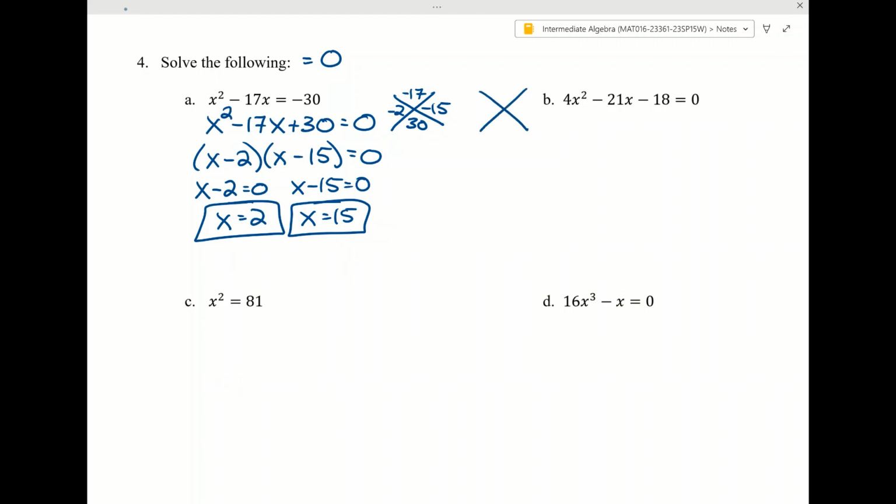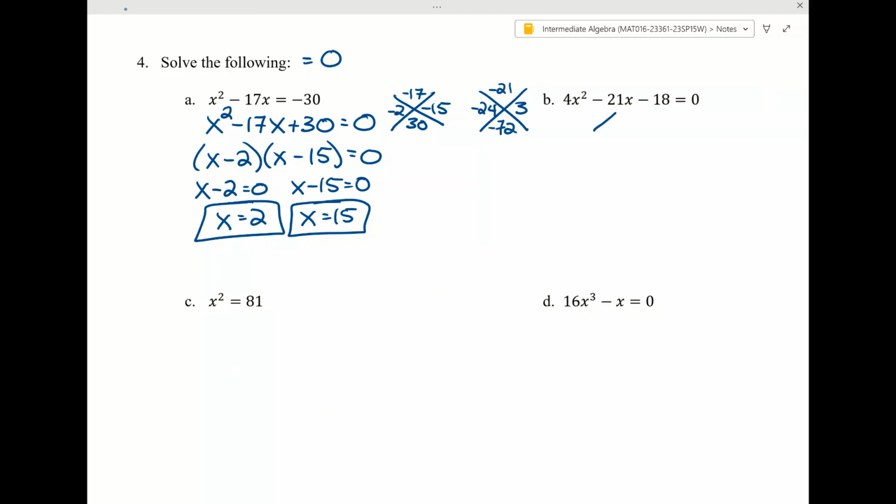So we're looking for numbers that multiply to be 4 times negative 18, which is negative 72, and they have to add up to be negative 21. So if you just start thinking about what multiplies to be 72, eventually you'll land on negative 24 and positive 3.